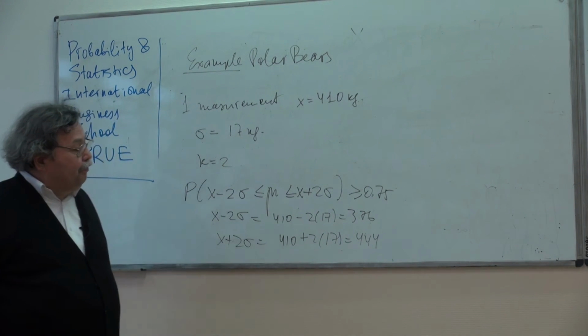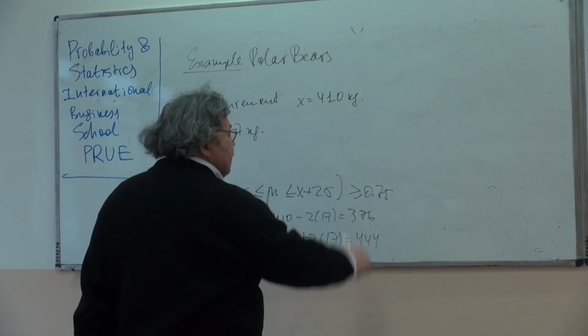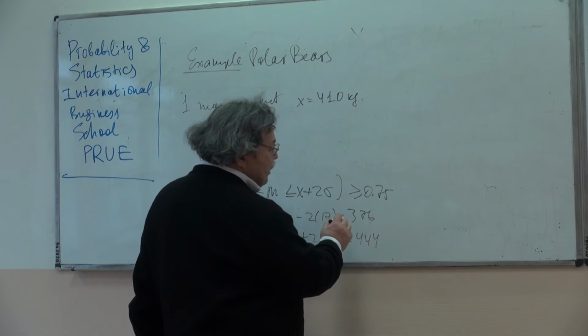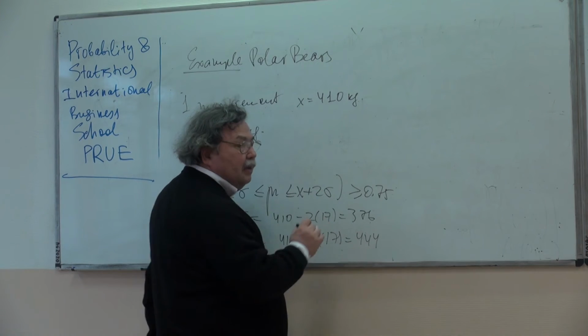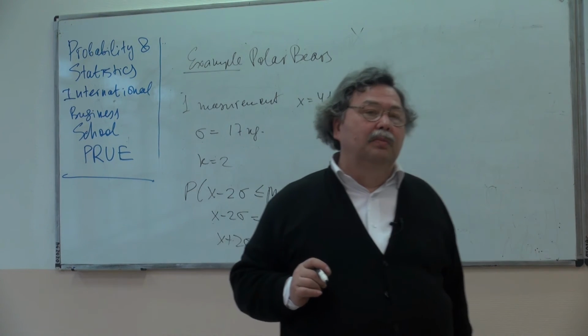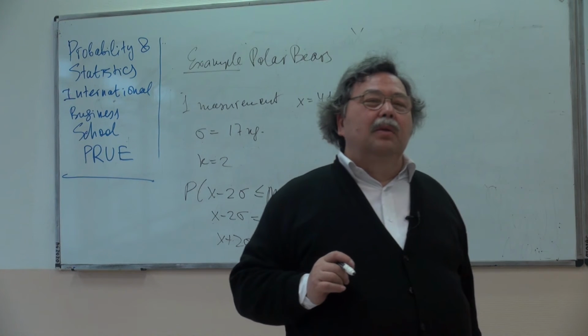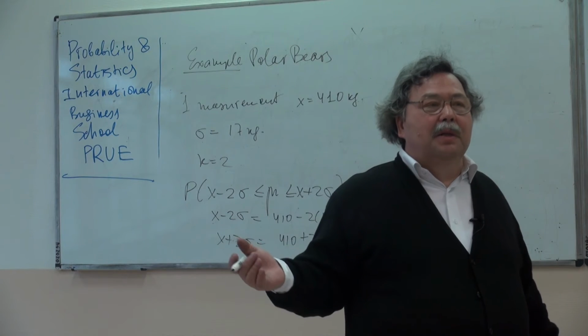So, with a probability of at least 0.75, this interval from 76 to 144 captures the true value of mu. This is not a good estimate, of course, because we only had one measurement.